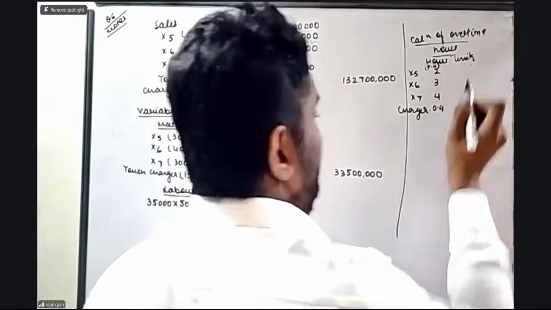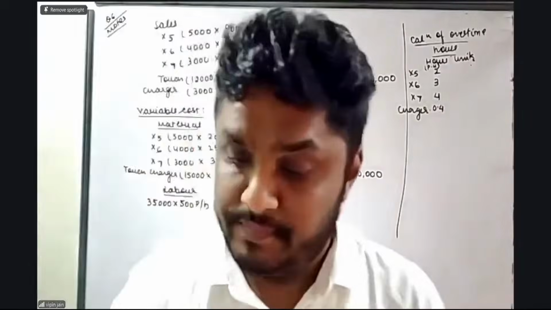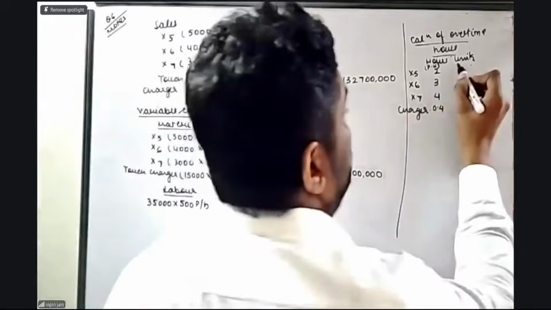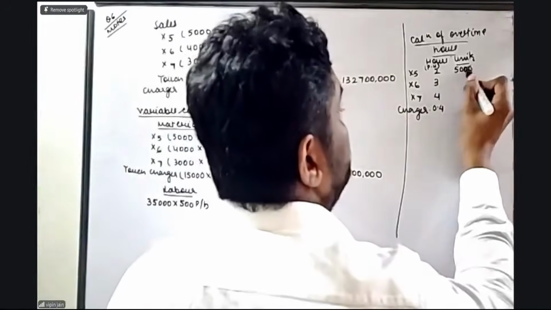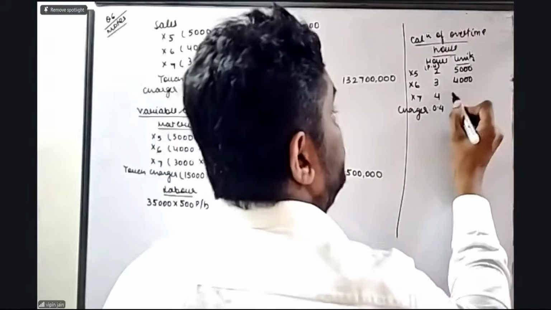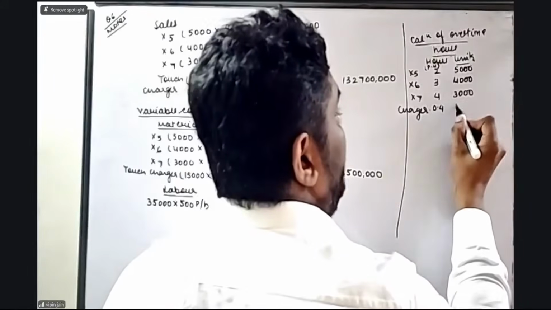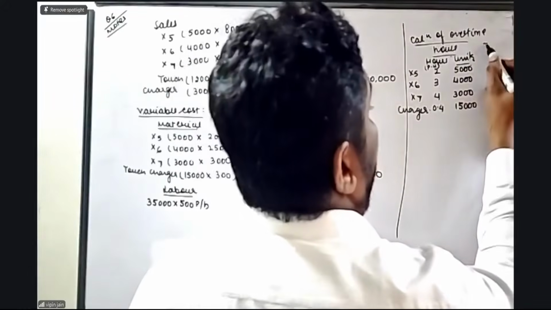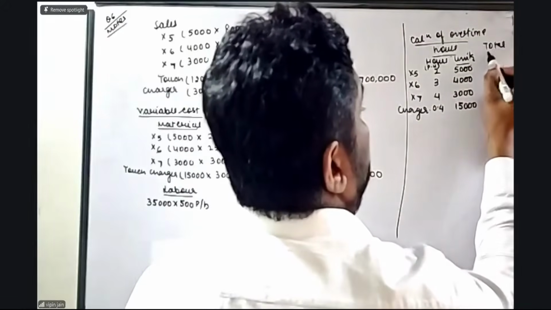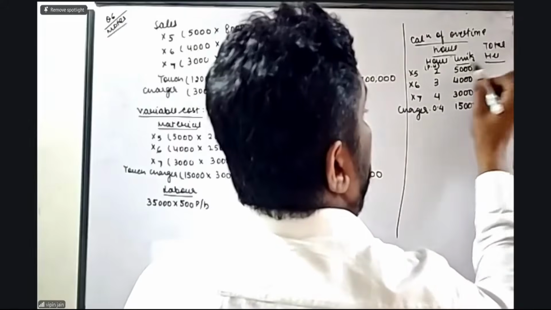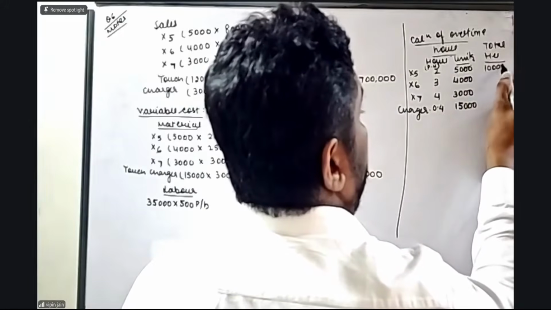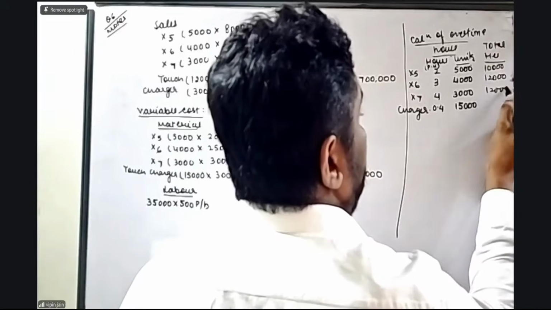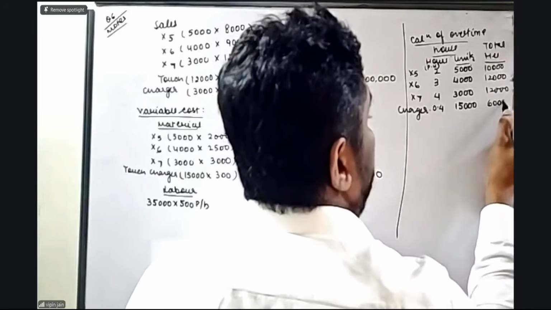Number of units we have is 5000, 4000, 3000, and 15,000. So hours required, total hours required, how much? 10,000 here, 12,000 here, 12,000 here, and 6,000 here.